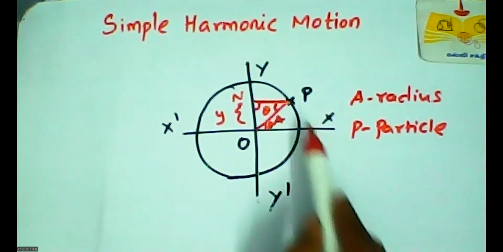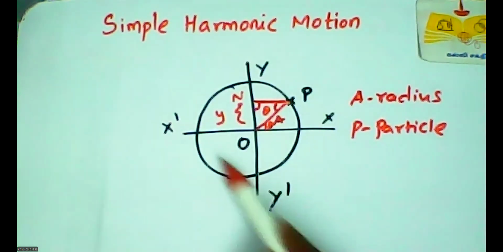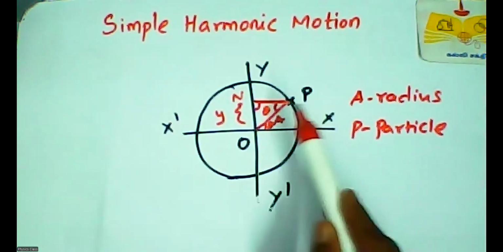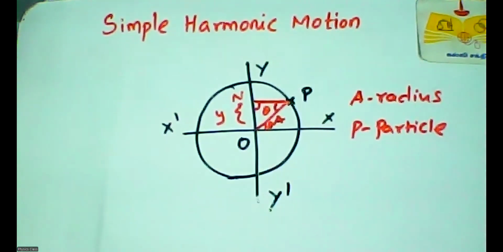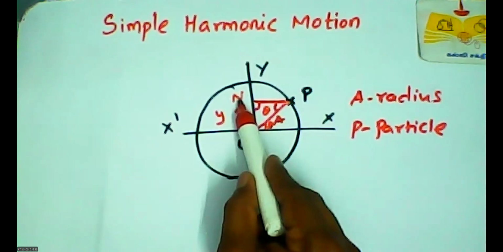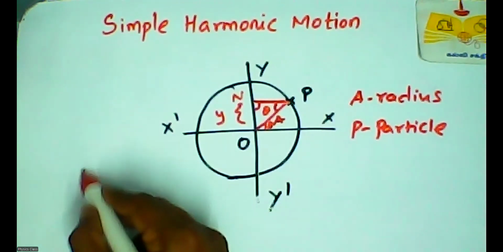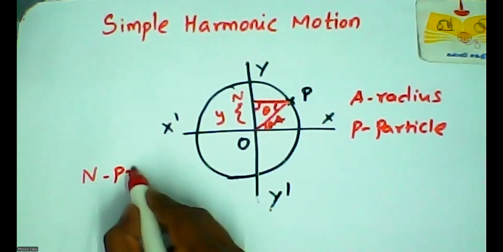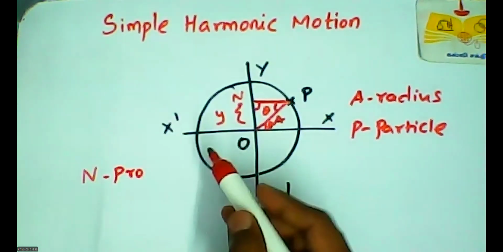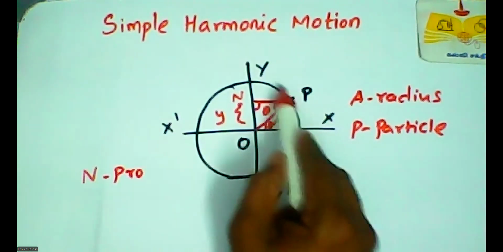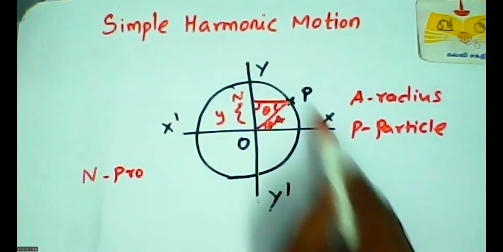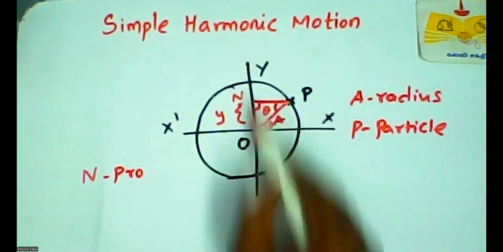Suppose a particle P is moving along the circumference of the circle of radius A. Let N be the projection of P. It is a projection because, as I already showed, suppose the particle moves like that, the red dot moves here.